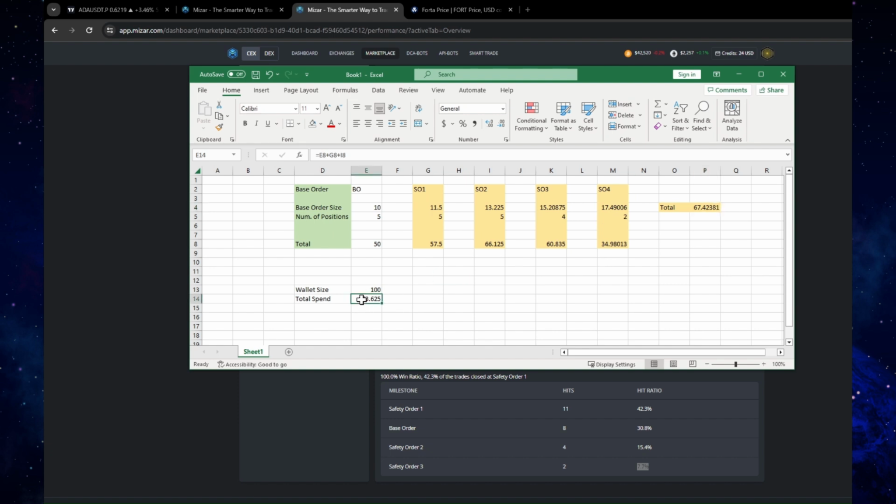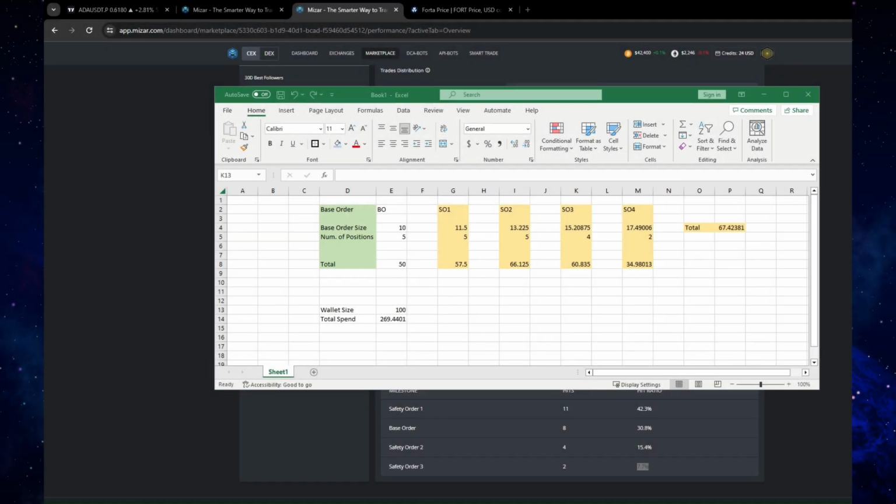And now total spend, I would need to add this plus this. So with the base order size of 10 and 5 positions, in that somewhat extreme situation, I would say the wallet size should be around 270 USDT.